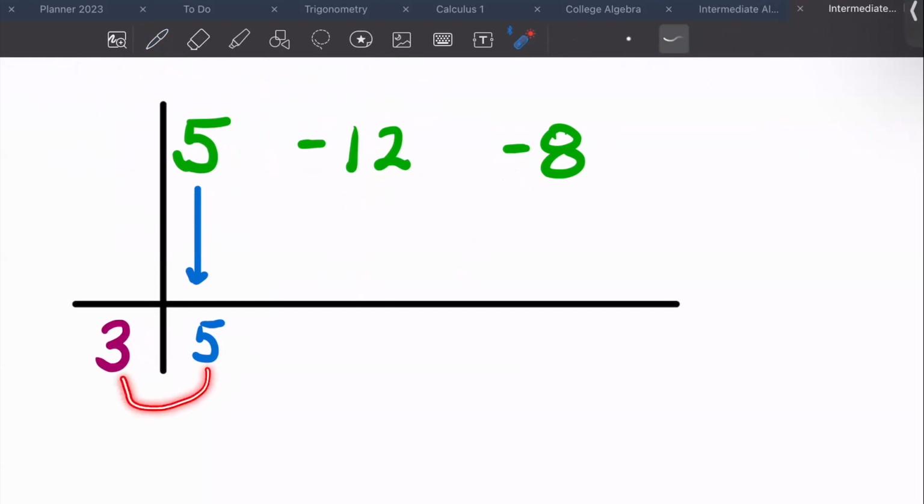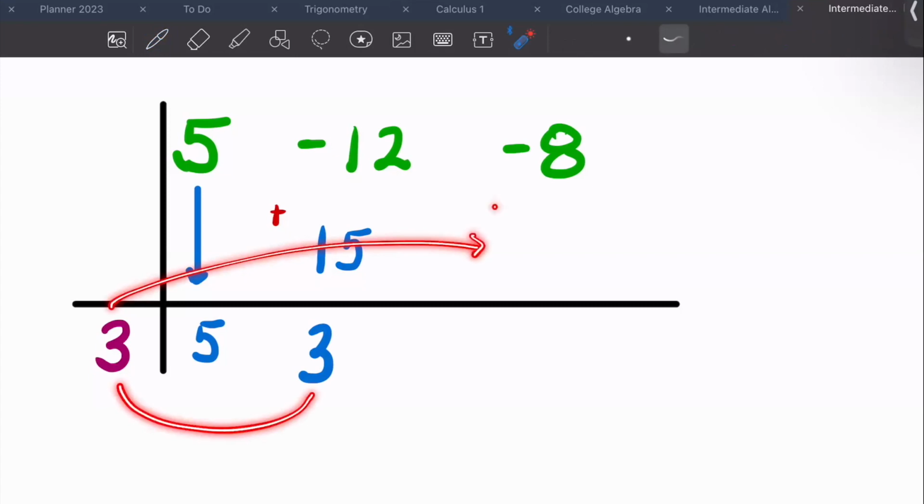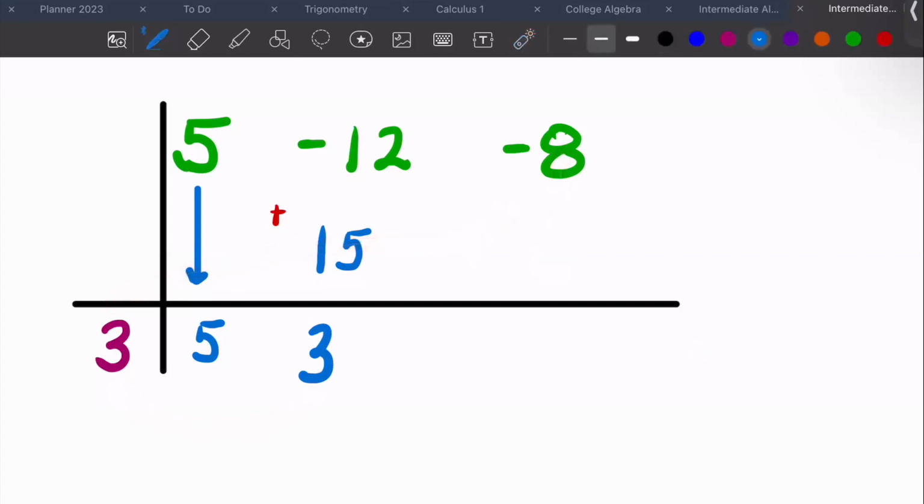So we're going to multiply. 5 times 3 gives you 15. Then we're going to add down. Negative 12 plus 15 is 3. Do the same thing. Multiply, add down. 3 times 3 is 9.